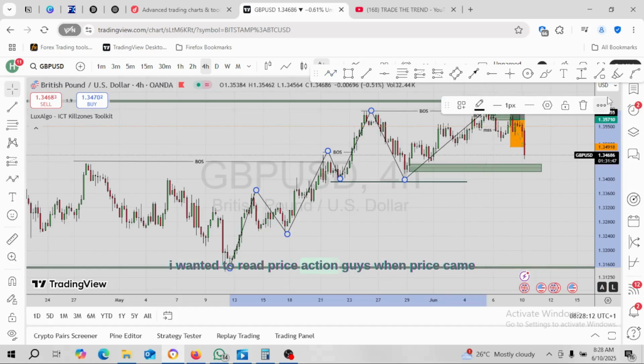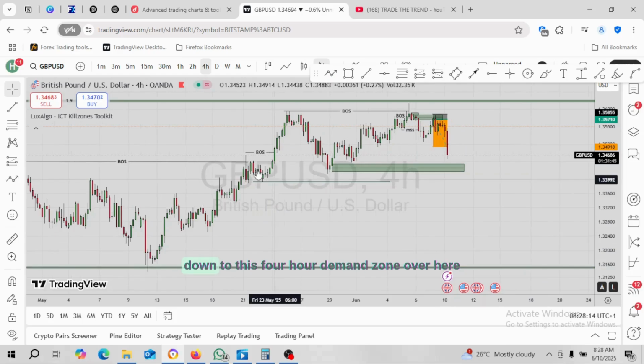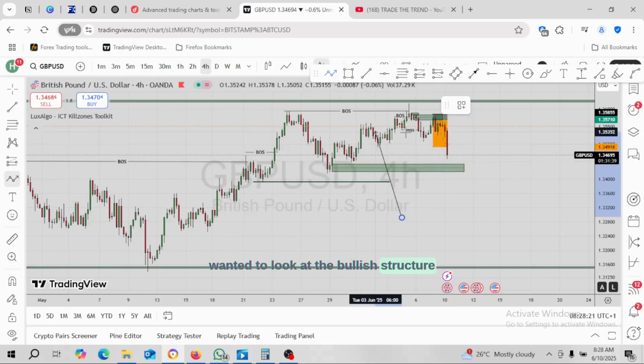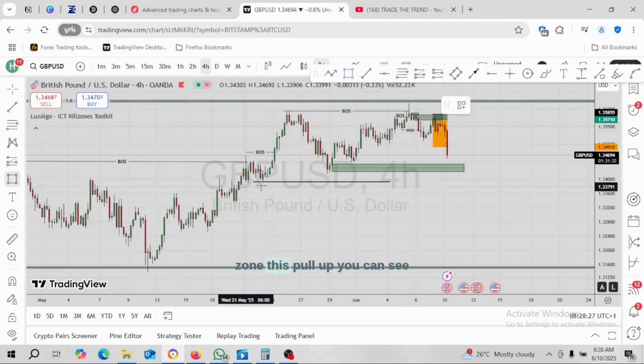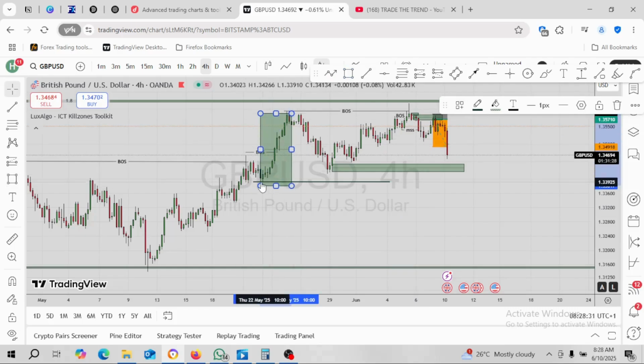Now I want you to read price action, guys. When price came down to this 4-hour demand zone over here, I want you to look at the bullish structure. Look at what happened at this zone, this pull up. You can see the candles were all green, giving momentum in the push up.